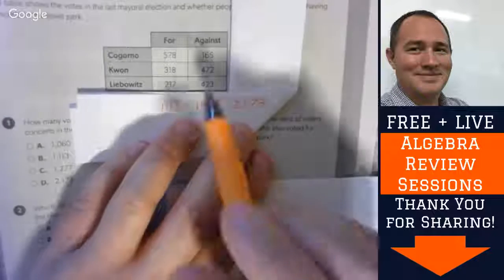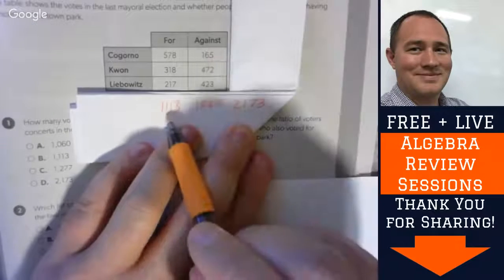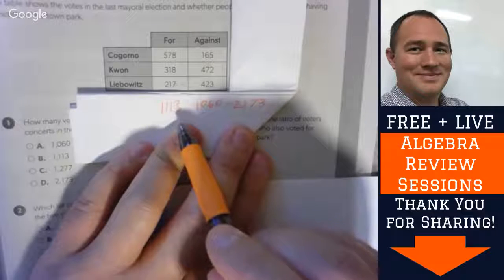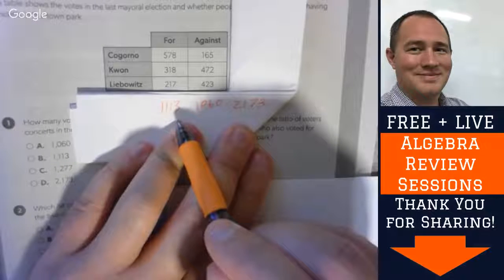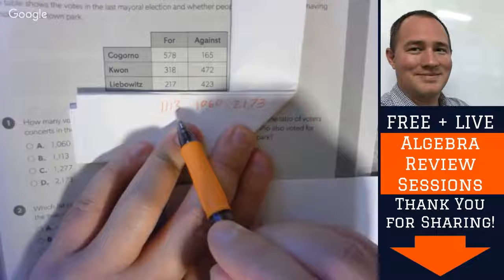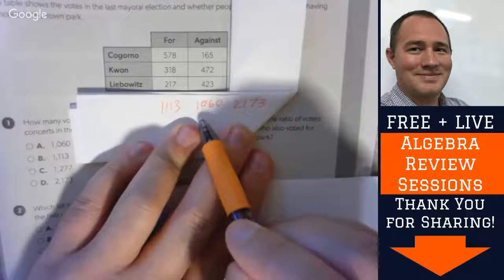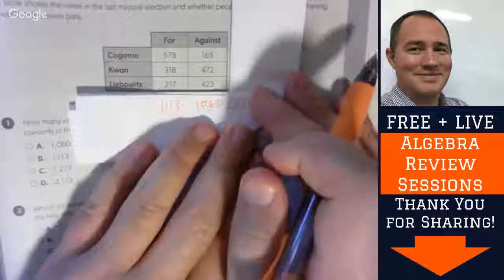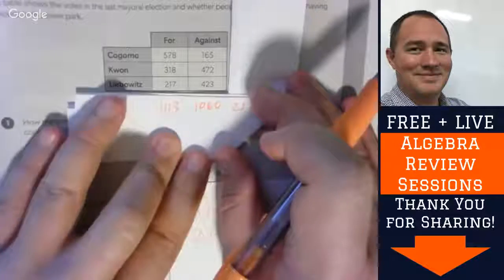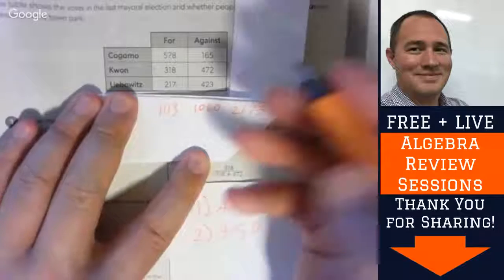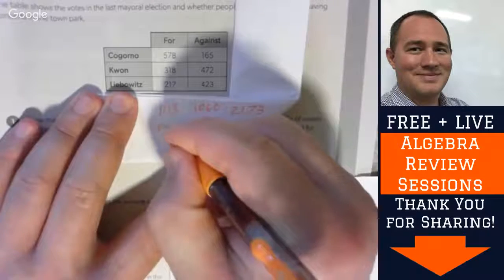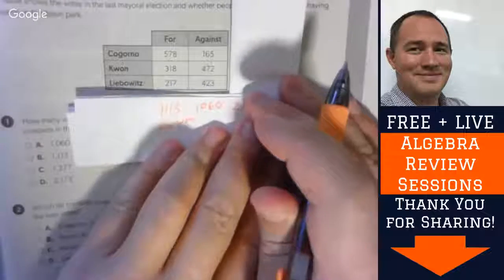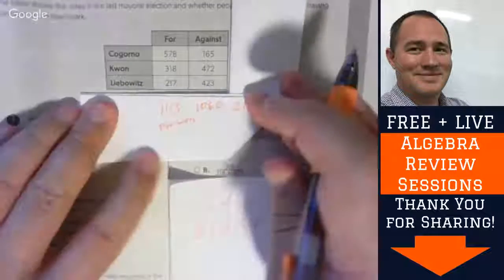So let's now go across, and so there's a total of 1,113 for paying for a new park, and 1,060 against paying for a new park. Now let's look at who won the mayoral election, right? So we could say 4-1 to get the new park, 4-1.